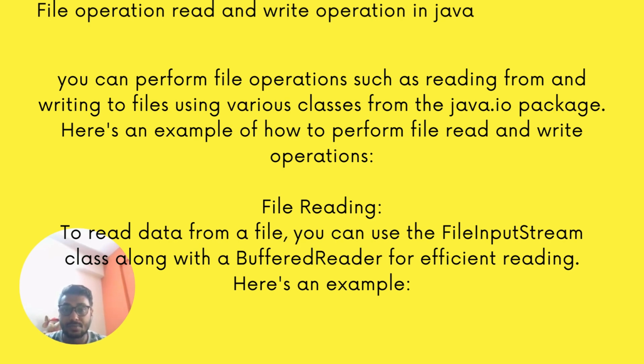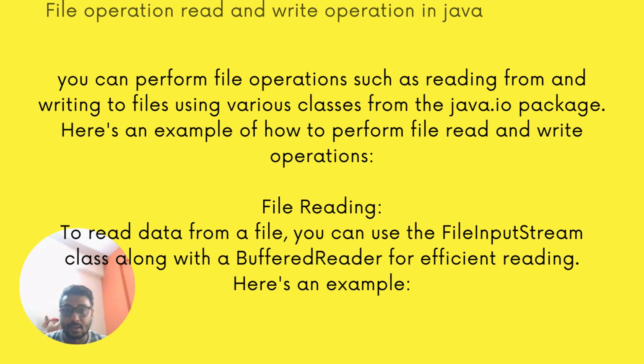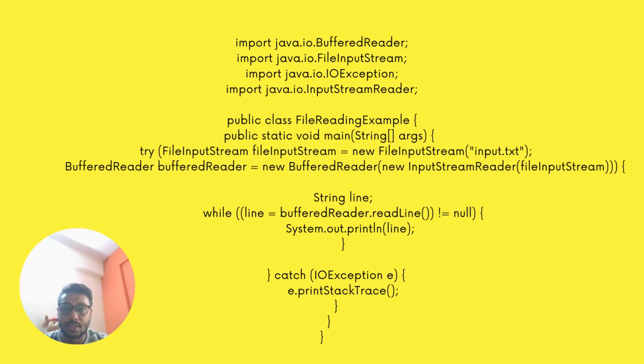For file reading, we can use FileInputStream along with BufferedReader. BufferedReader is efficient and will read line by line. In this example, you can see we have used BufferedReader, FileInputStream, IOException, and InputStreamReader.